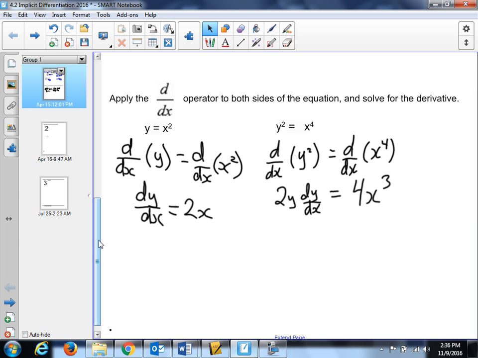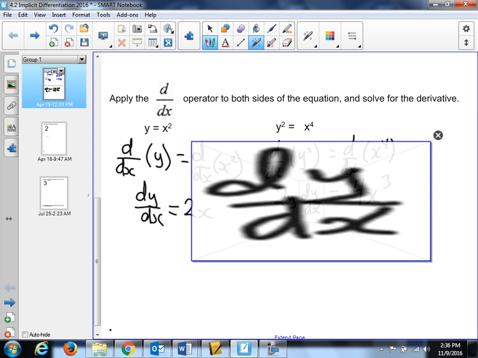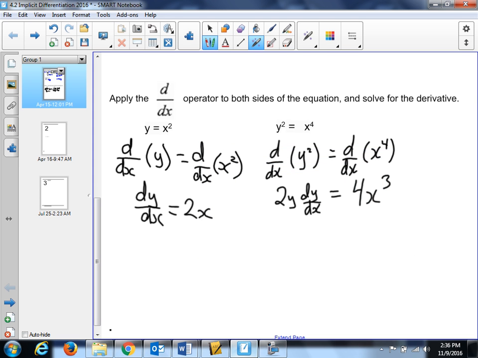Think of dy by dx as one chunk or one thing. You can't, it's not a fraction. Don't separate. Keep this here, and then the rest divide by 2y, right? Both sides. dy by dx is equal to 4x cubed divided by 2y. So I'm going to do the 4 divided by 2. 2x cubed over a y expression.